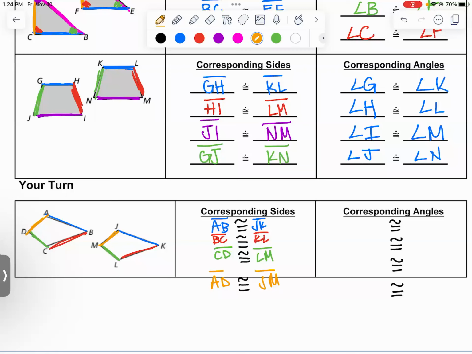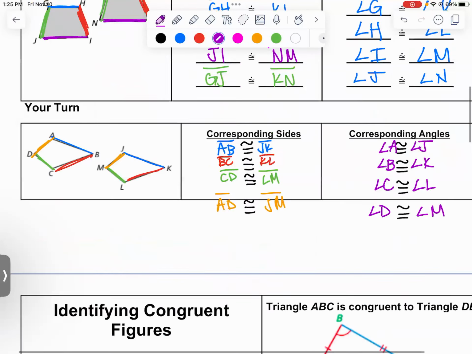All right, our corresponding angles. We need angle A congruent to angle J, angle B congruent to angle K, angle C congruent to angle L, and angle D congruent to angle M. Boom. Mic drop. Okay. All right, let's go ahead and go to page 2.